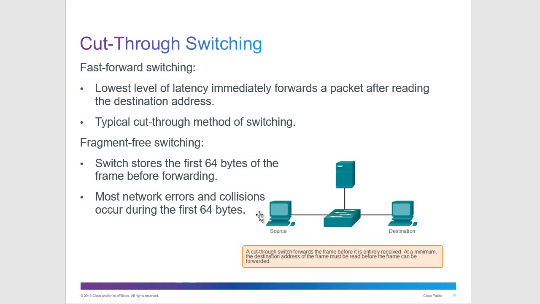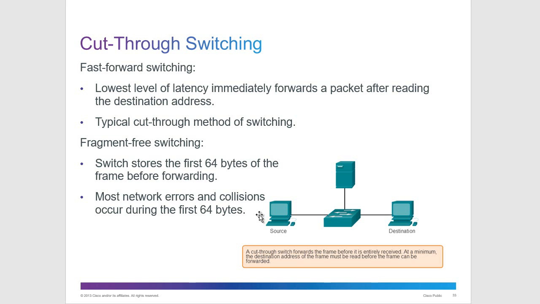It's fast-forward switching. So it reads just enough to read the destination address of the frame, and then sends it on its way. That is the typical cut through method of switching. You also have fragment free. Fragment free stores just the first 64 bytes of the frame, not bits, bytes, because we're talking storage, before forwarding.